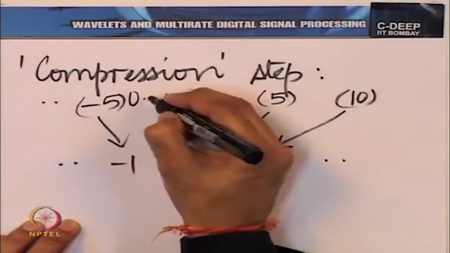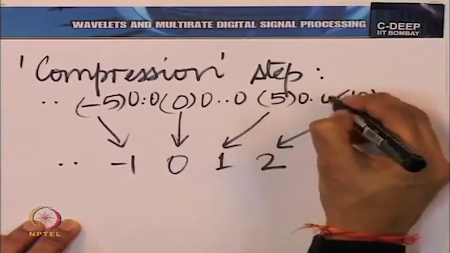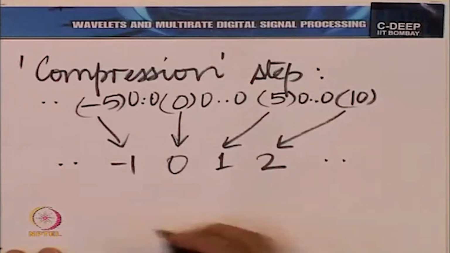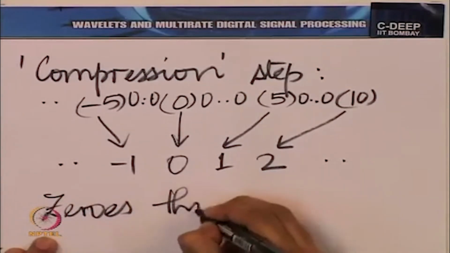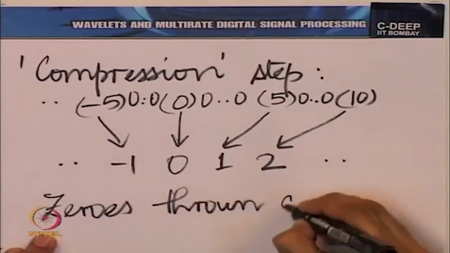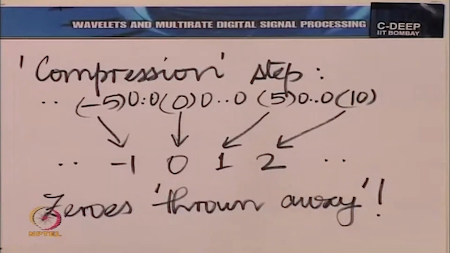And remember, there are zeros in between here which are simply thrown away. So, now we understand how to generalize downsampling. In a similar way, we can generalize upsampling.